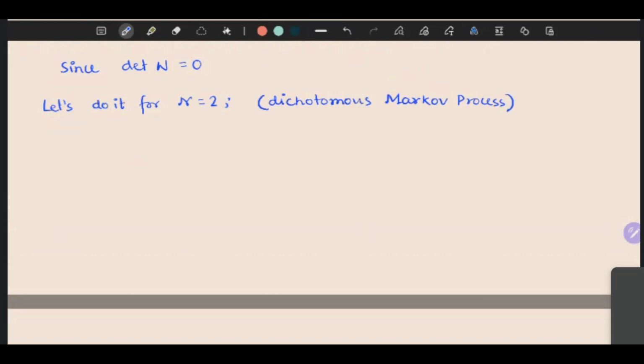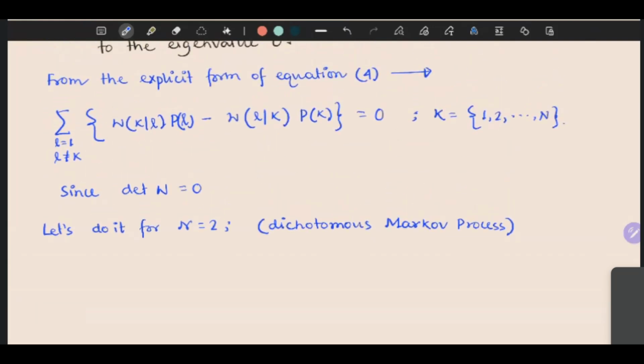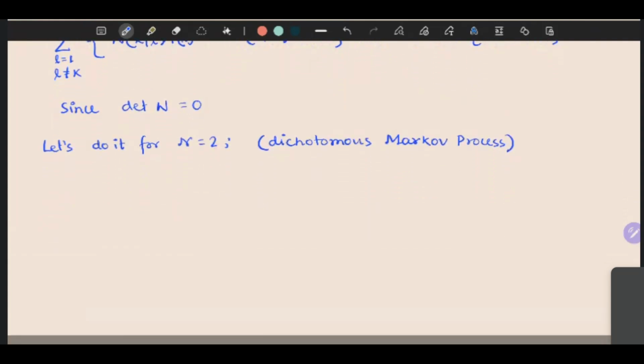So here then we will get from here, so this equal to 1, so for that we will mainly use two things.